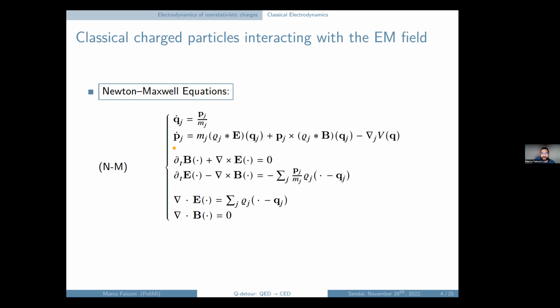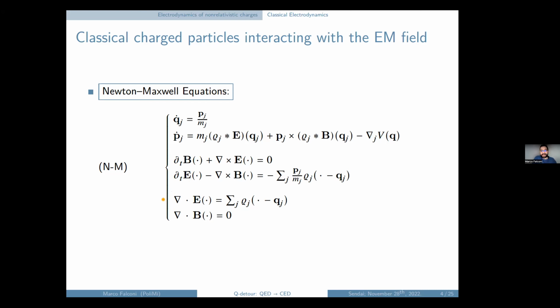Then the next two equations are the true dynamical equations for the electromagnetic field, two of the Maxwell's equations, as you probably know very well. The last two equations, the other two Maxwell equations, act as a constraint at this level.